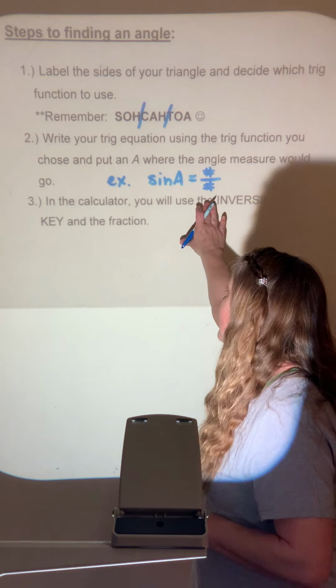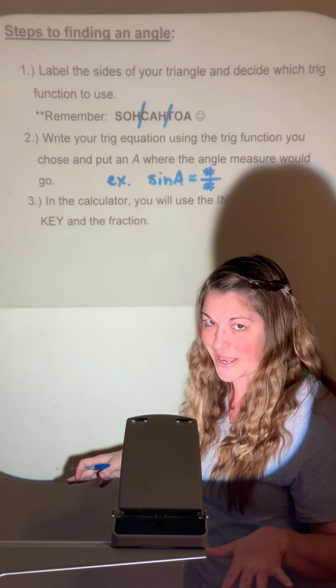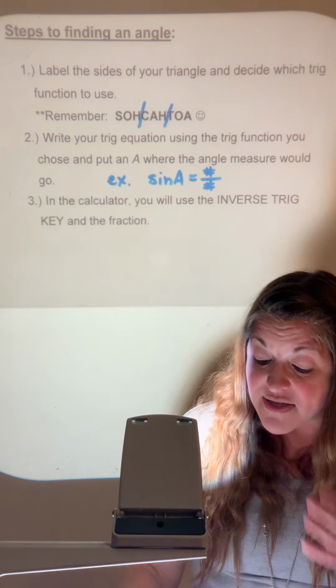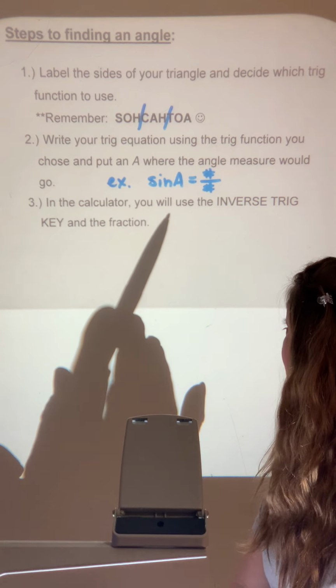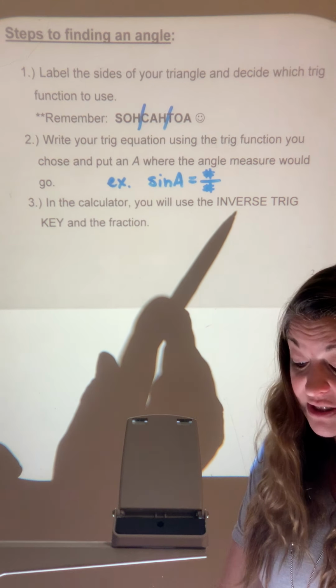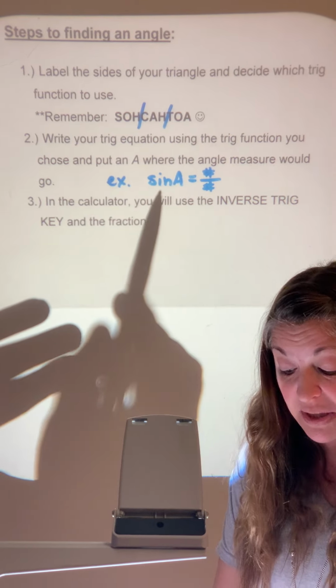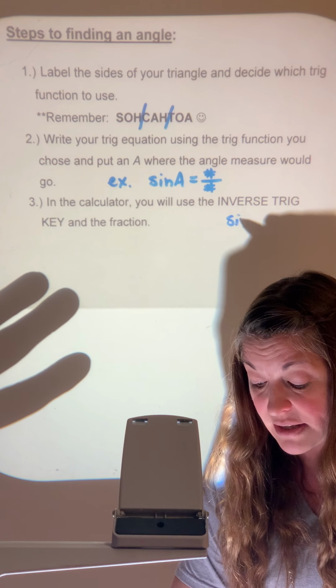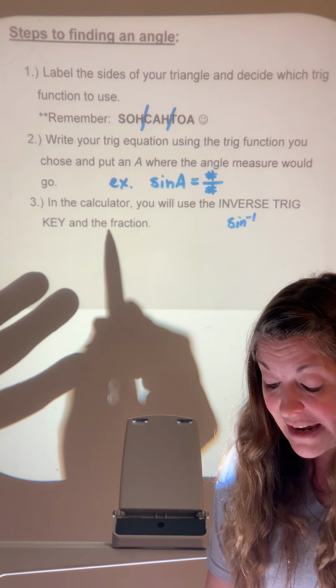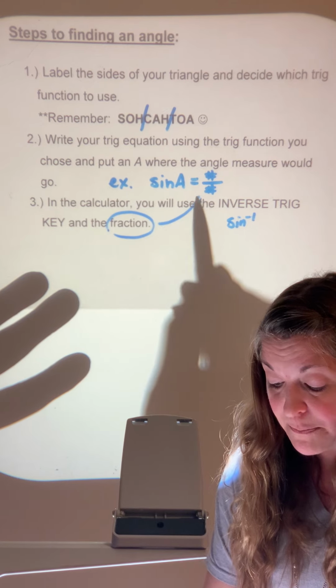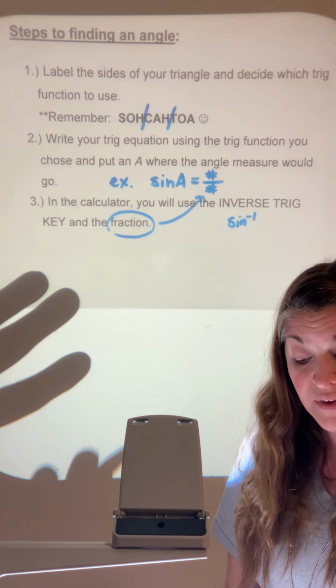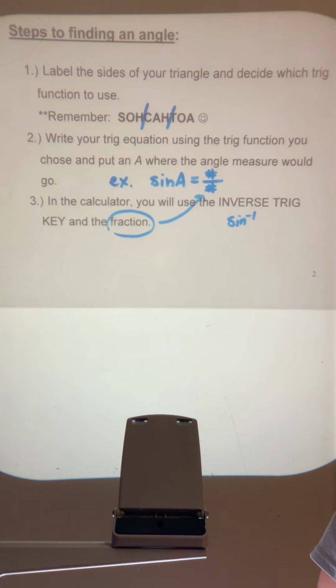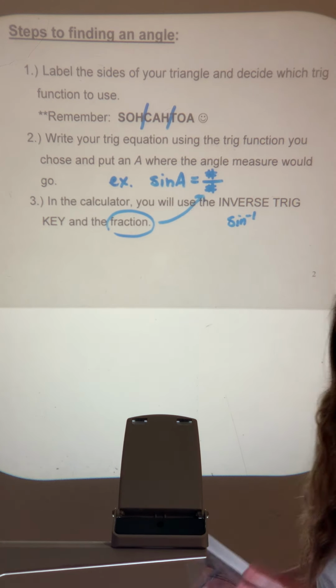Again, just to clarify, these are number symbols, they're not hashtags. And then in your calculator, you'll use that inverse trig, which in this case would be the sine with the -1, and then you're going to go ahead and type in that fraction. So we've got a couple of examples on the next page for you to clarify this.